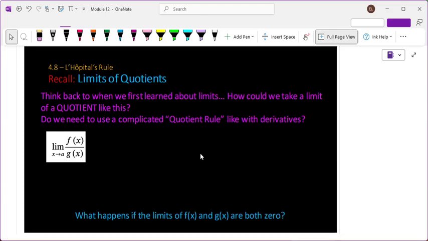So, when we first learned about limits and we were going to take a limit of this, did we need to do something like the quotient rule with the limit?